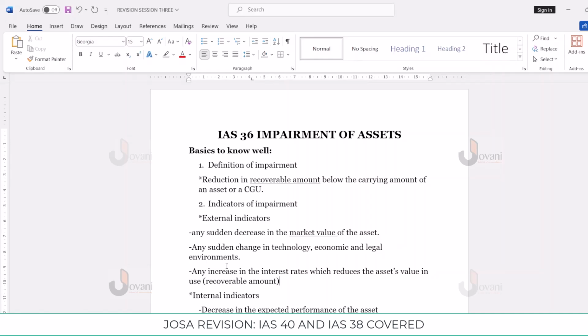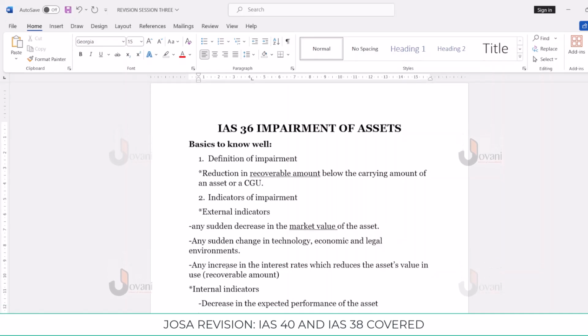Okay. So we have listed three factors, and I'm sure you've read many. Let us also raise some under internal factors. Florence, can you hear me?